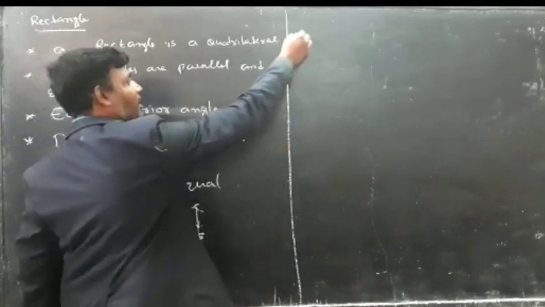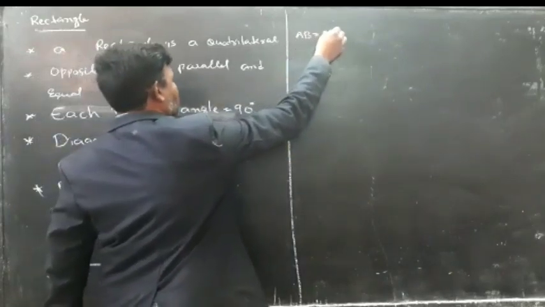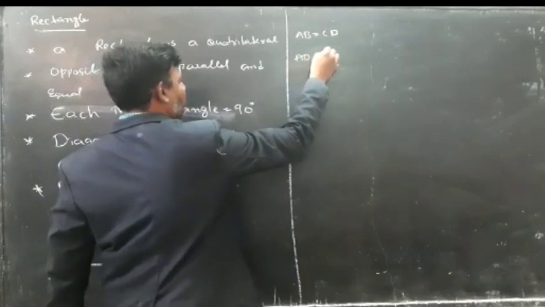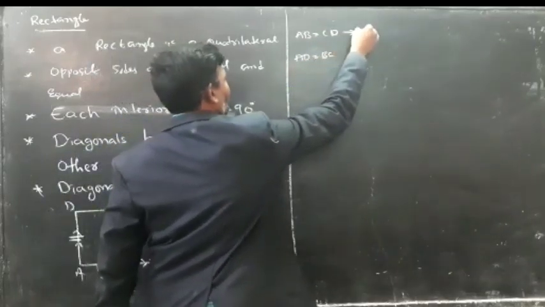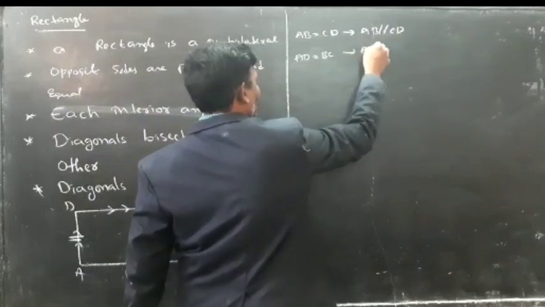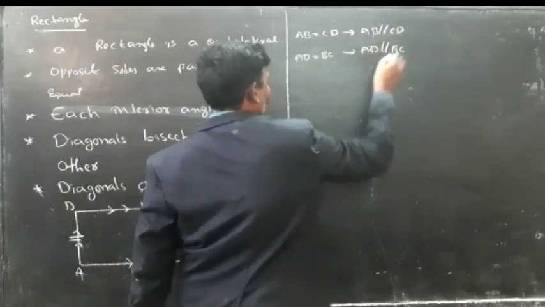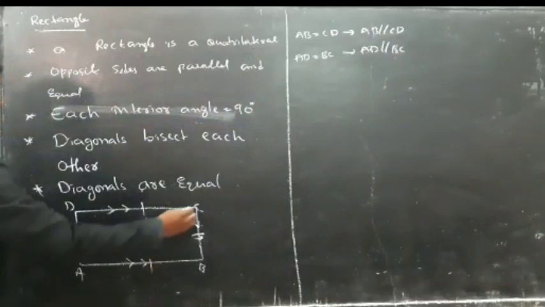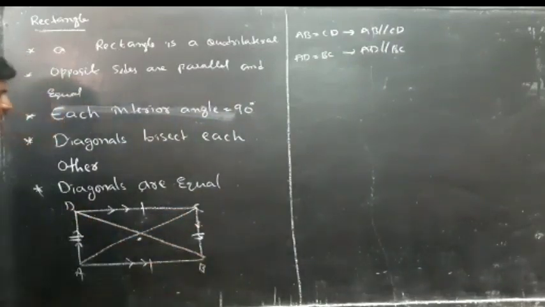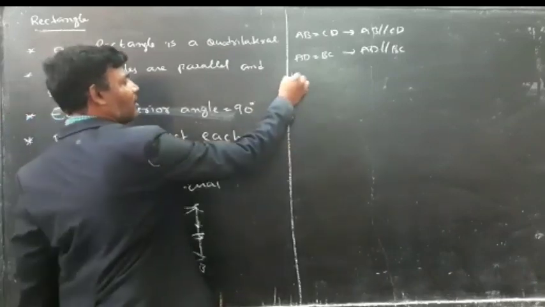So what can we write here? AB is equal to CD and AD is equal to BC. AB is parallel to CD and AD is parallel to BC. Next, diagonals are equal, so the length of AC and the length of BD are equal.